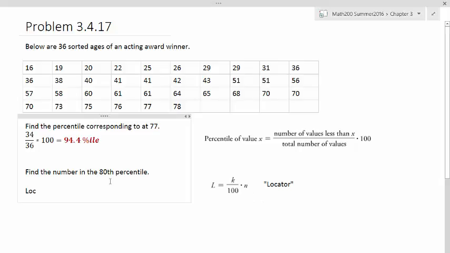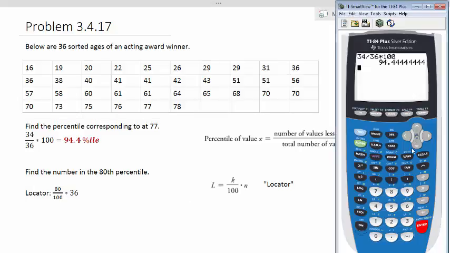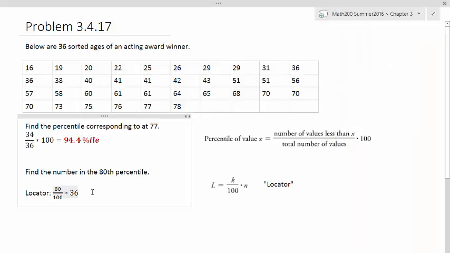Our locator is L equals k, which is the 80th percentile, divided by 100, multiplied by the number of numbers that we have, which is 36. Let's find this number in our calculator. It's 80 divided by 100 times 36, and that is 28.8.